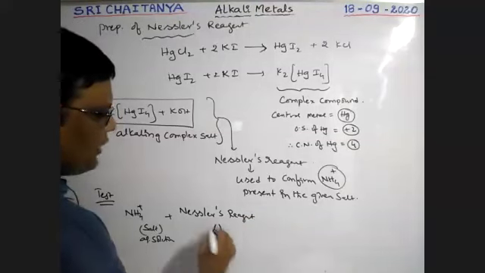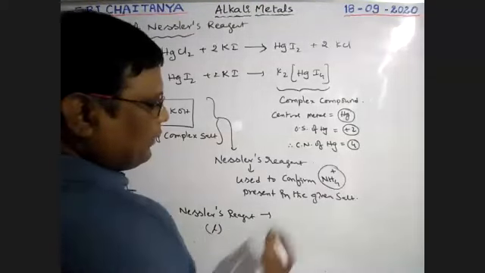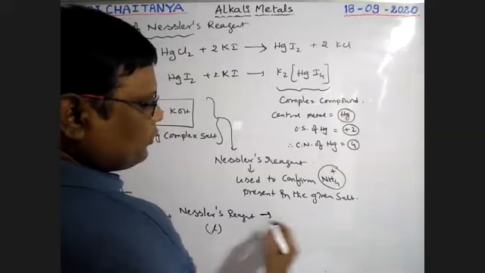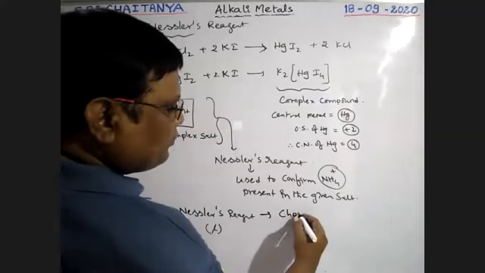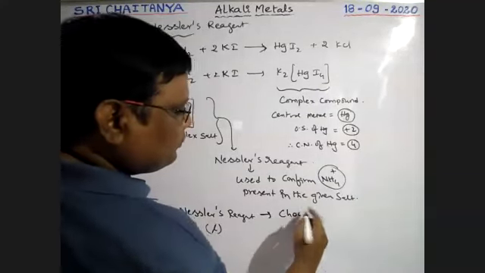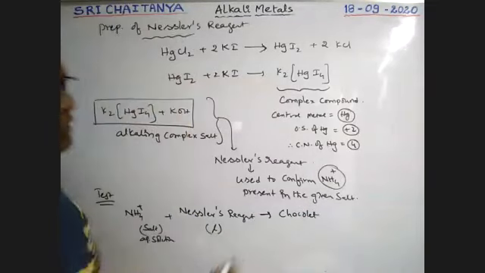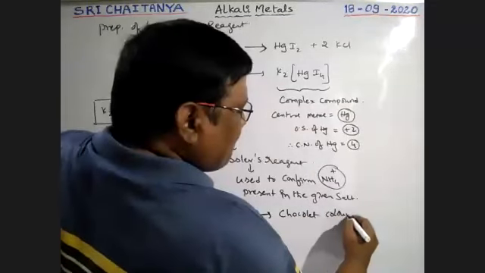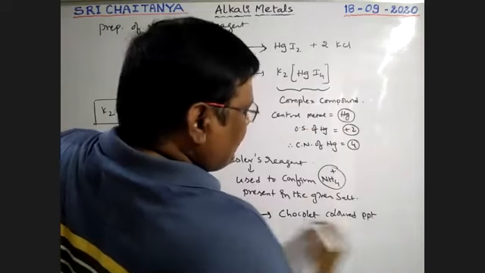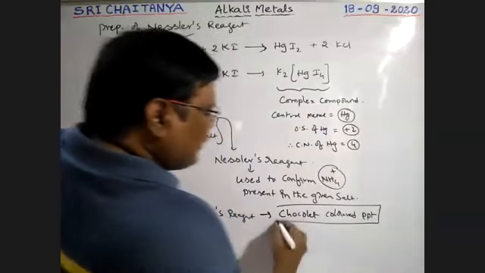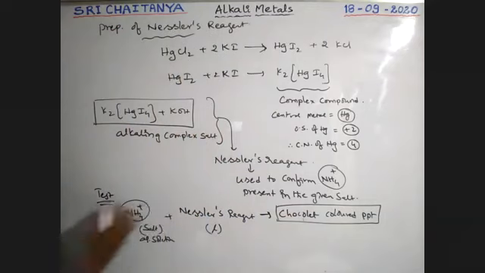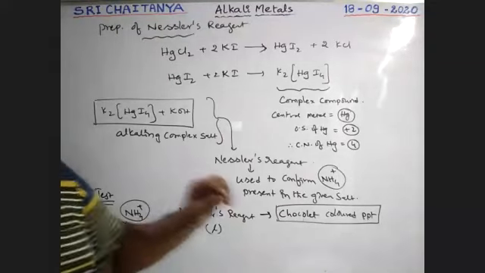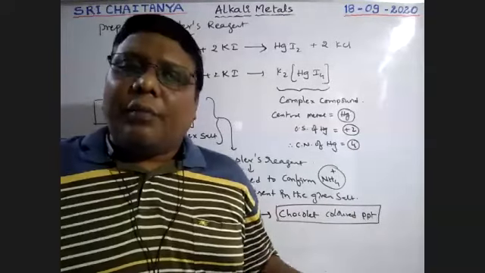It gives a chocolate colored precipitate. So formation of a chocolate colored precipitate confirms the presence of ammonium ion in the given salt.